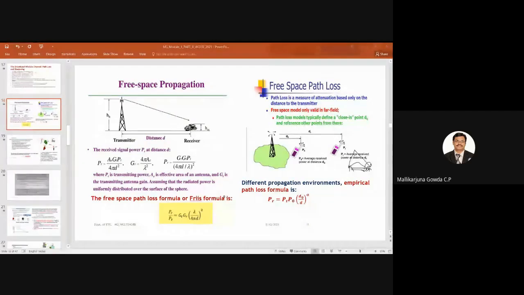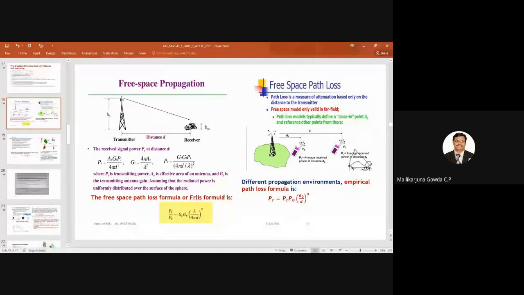What is that? Anyone of you can say the free space path loss formula, also known as the Friis formula. So the received power will be equal to what? The transmitted power times the gain of the transmitting antenna and the gain of the receiving antenna, times lambda by 4 pi d whole square.